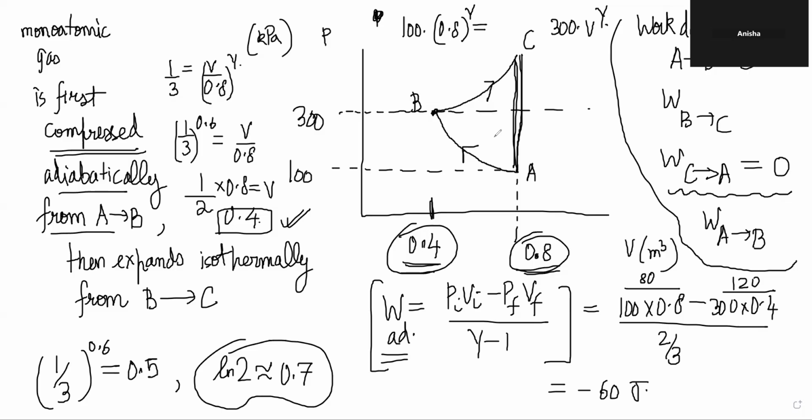It will be 300 into 0.4 into ln 2. So that is 120 into ln 2, which is 0.7. So 120 into 7 by 10, so 84. This is 84, this is minus 60, and this is 0. Again, nothing very difficult, obvious only. No issues in this question, right?